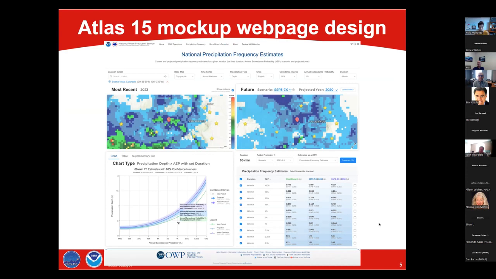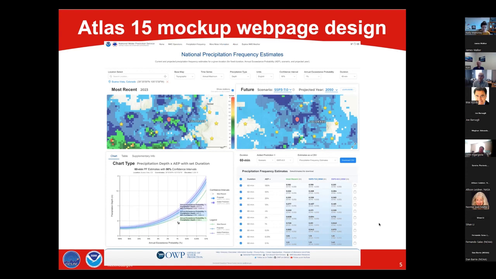Volume 1 will be an update of Atlas 14 values with the added nuance that they will incorporate non-stationarity in the historical record. Volume 2 will incorporate future projections.